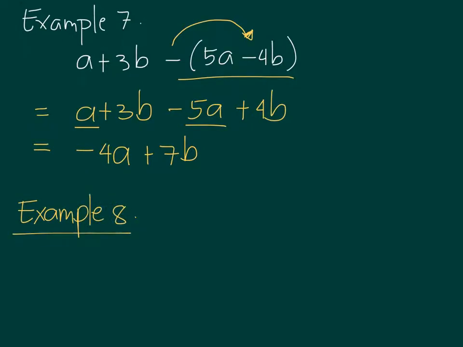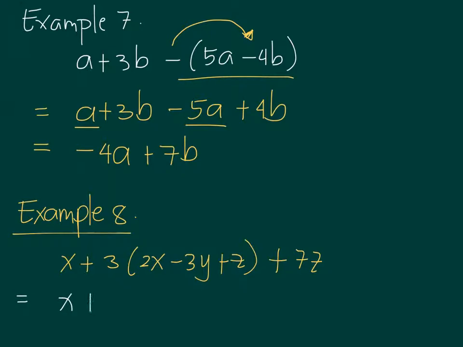Suppose we have x plus 3 times 2x minus 3y plus z, and then another plus 7z. Okay, so to apply the distributive law, x is x, and then 3 goes to 2x, to 3y, and to z.